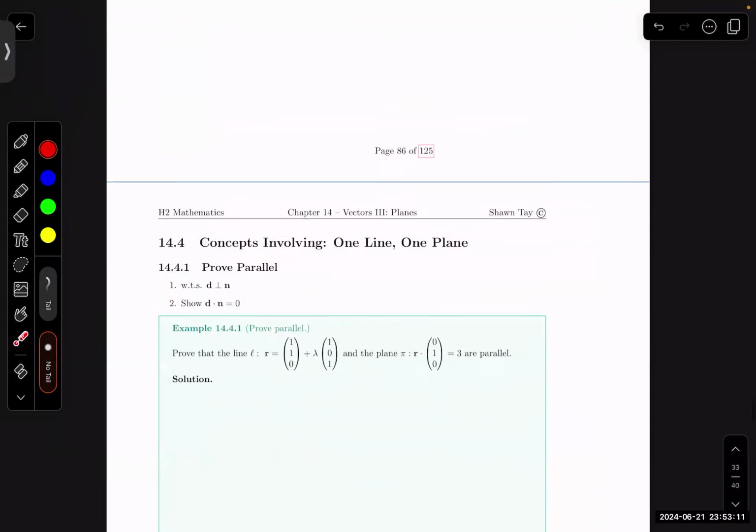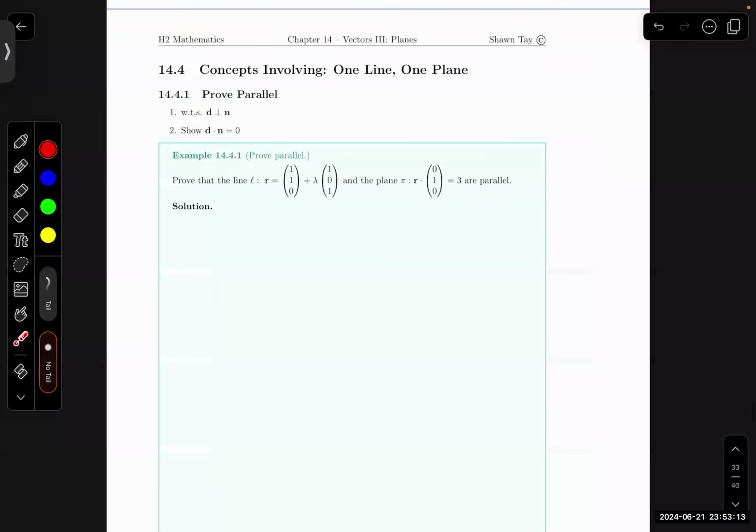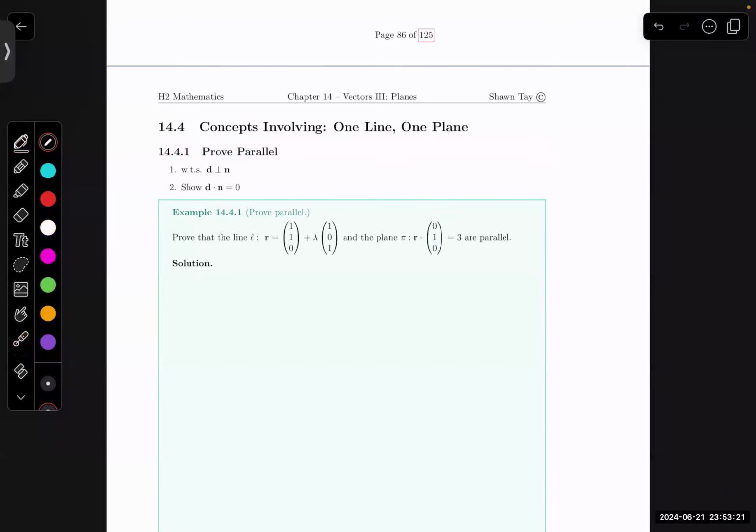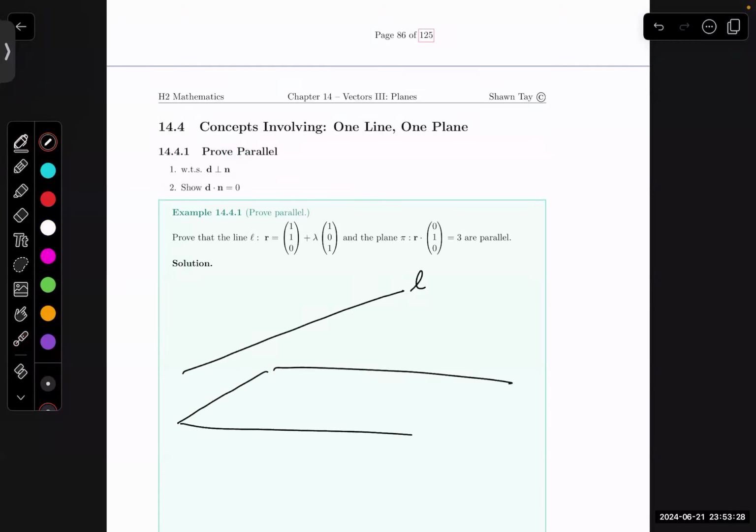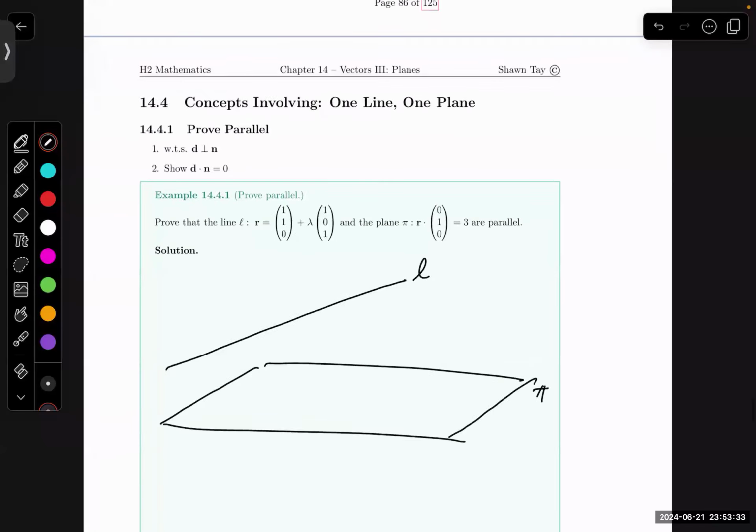Okay, next one. Now you have one line and one plane. You can show that a line and a plane are parallel. How do you show that they are parallel? Okay, let's draw a picture. If you have a line L and a plane, let's say they are floating above each other, plane pi, then what we want to show is that the normal vector of the plane is perpendicular to the direction vector of the line.